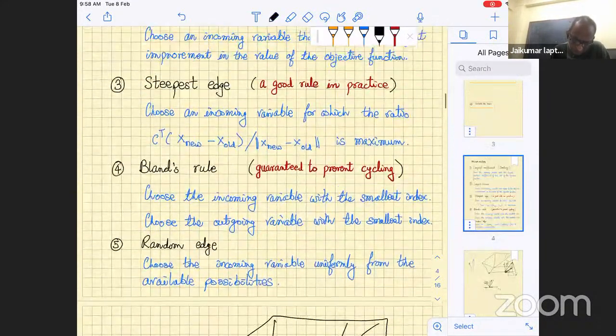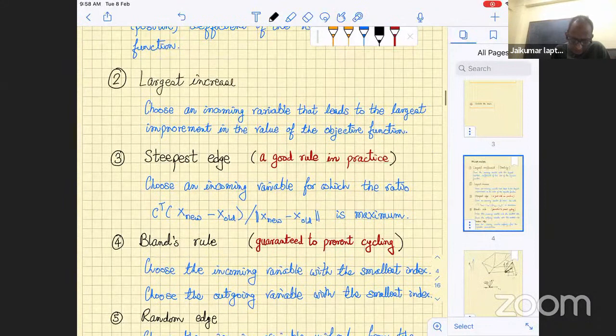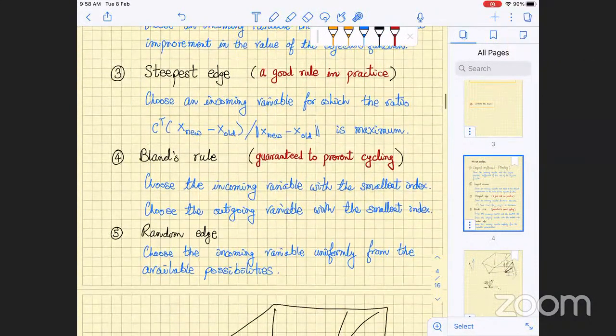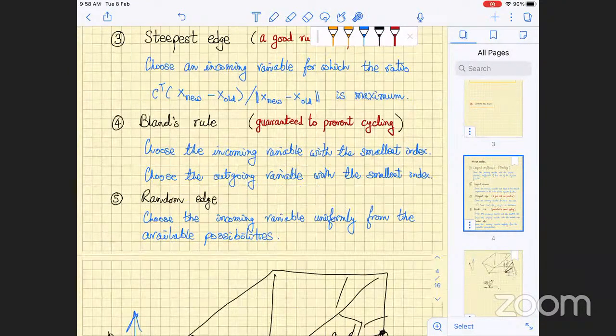Here we are looking at the entire vector, whereas in the largest increase rule we were only looking at that component. Suppose in the update step you add T to the component, then the difference in the L2 norm is exactly T, and the numerator here will be the coefficient of C times T. So these two should cancel out.